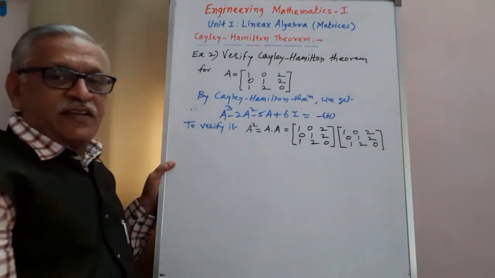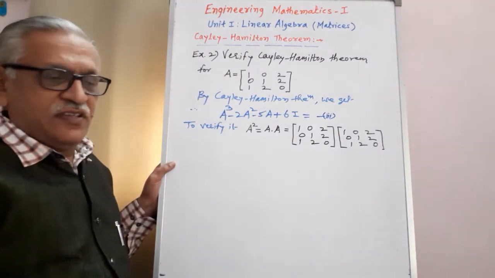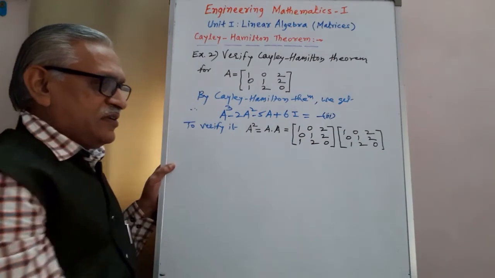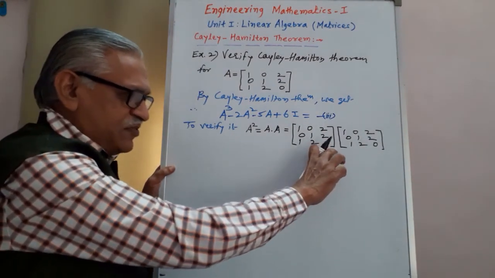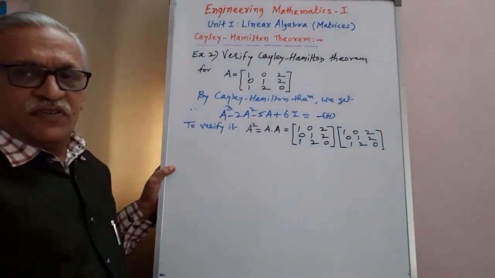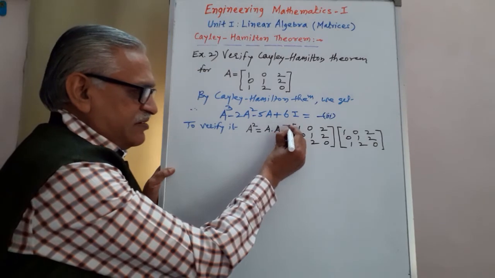And as it is a square matrix, that property is satisfied. The number of columns of the first is equal to the number of rows of the second, and therefore we apply that technique.